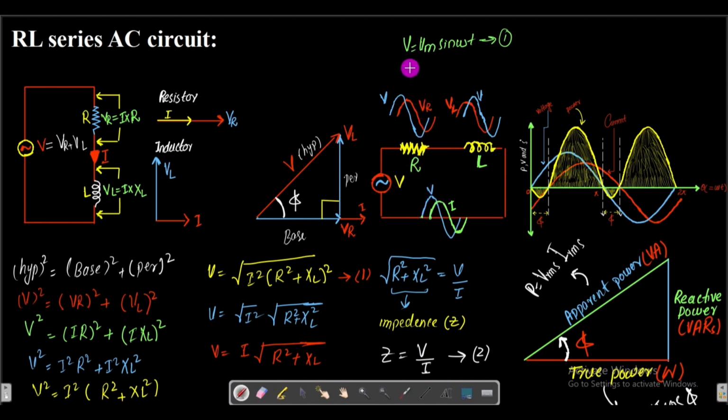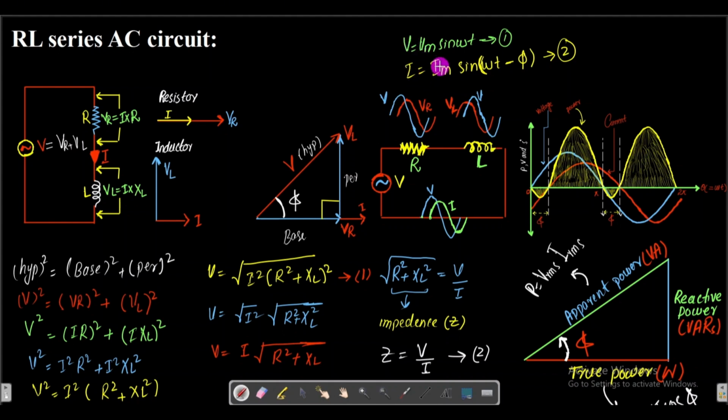Therefore I in this case is given by I is equal to Im sine omega t minus phi. This current is lagging behind this voltage by this phi. Let's say this is equation 2. This is the resultant current in the circuit, and equation 1 is the provided voltage.